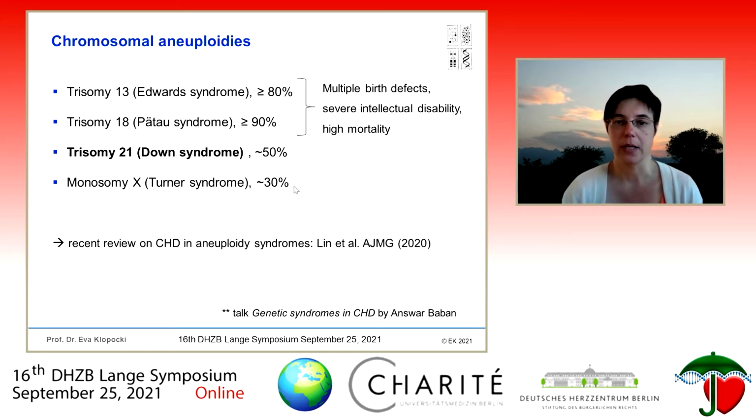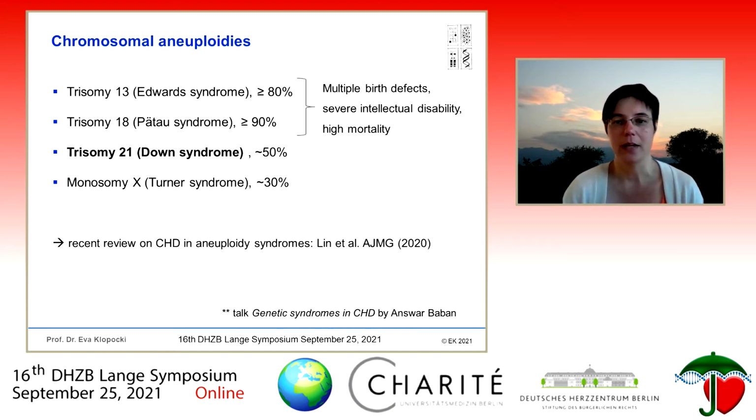Monosomy X, there is a frequency of about 30% that we see heart defects in the live-born children. I point out recent reviews, so if you want to really go into detail, I'm not a clinician, about the cardiovascular features, then please look at these reviews. And I think we also have a nice presentation later on genetic syndromes in CHD by Anwar Baban, so he will probably present more clinical details later.